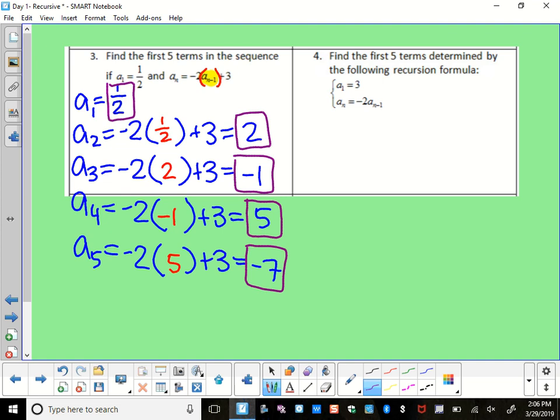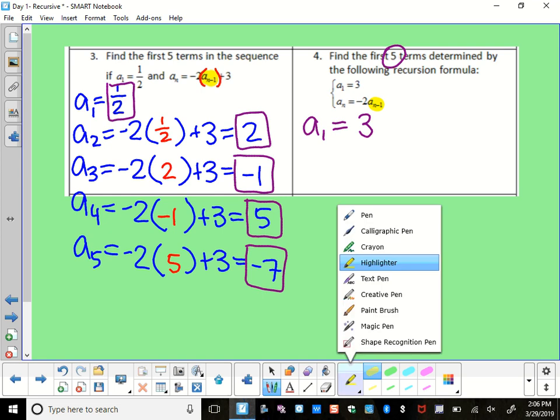All right, so now I have number 4. My first term is 3. We need the first 5 terms. My rule says -2 times my previous term. Are you with me?